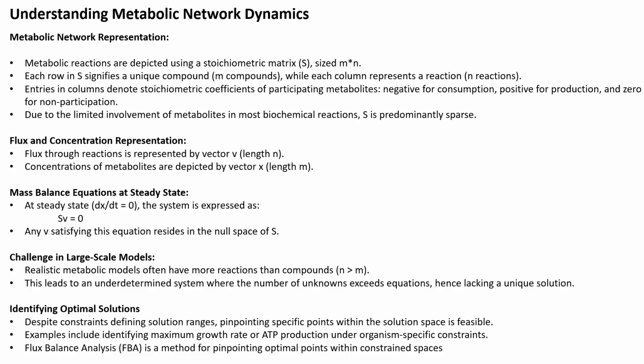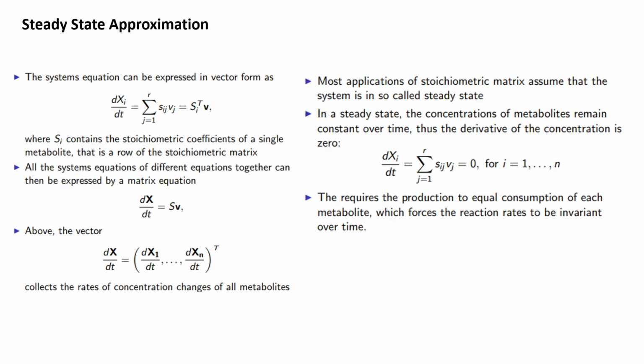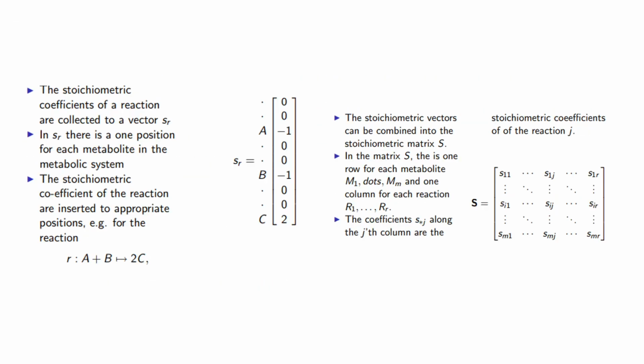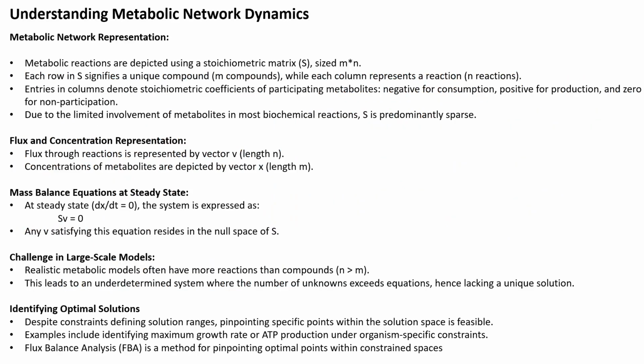Entries in each column of the stoichiometric matrix determine the stoichiometric coefficient of the participating metabolites, like we saw here. These are the stoichiometric coefficients of all the metabolites in the reaction, and it is negative for consumption, positive for production, and zero for non-participation.